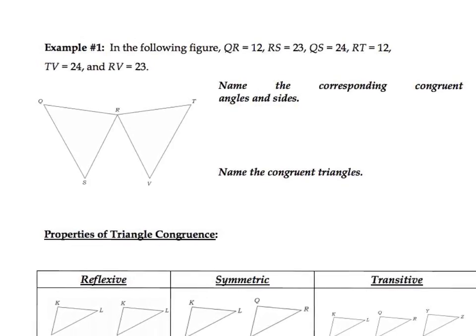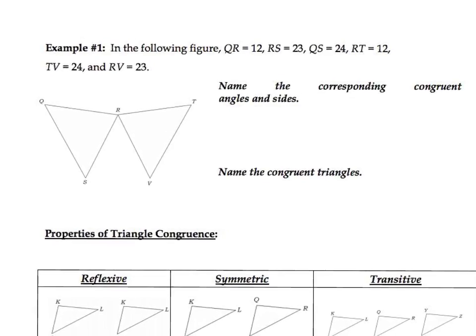In our 2 figures, QR is 12, RS is 23, QS is 24, RT is 12, TV is 24, and RV is 23. We want to name the corresponding congruent angles and sides. Then we're going to name the congruent triangles. Let's first go ahead and label all of this.